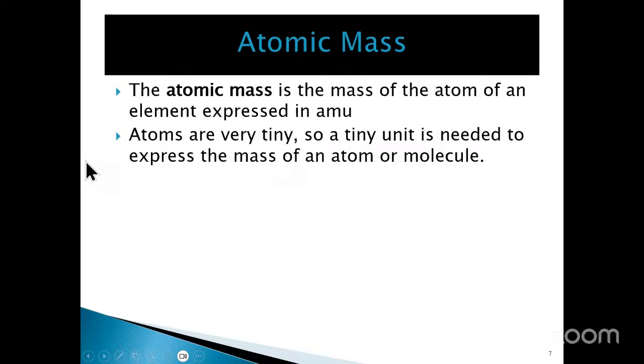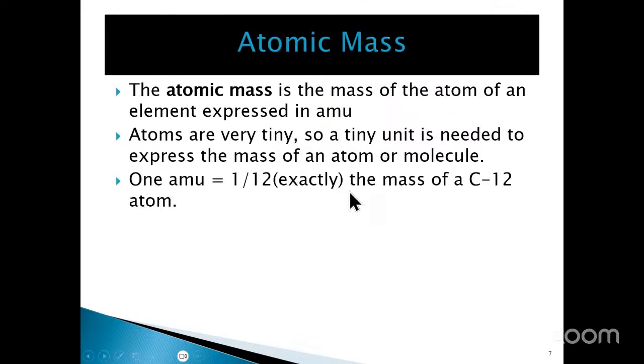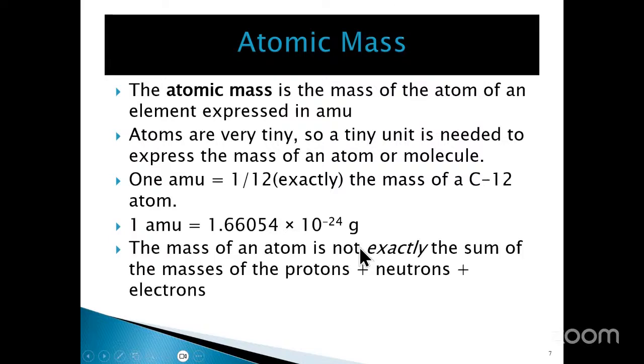The atomic mass unit became necessary because, again, atoms are very small, so we need a smaller unit than the conventional grams or pounds or whatever. And the definition of one atomic mass unit is exactly 1/12 the mass of a carbon-12 atom. And it turns out that one atomic mass unit is equal to this value right here. All right.